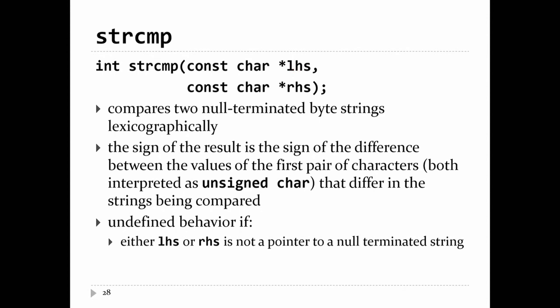So if you get back a negative from strcmp, then the first string comes before the second string in dictionary order. Aardvark comes before zebra, so you'll get back a negative number here. If you get back a positive number, that means the first string comes after the second string in lexicographical order. Zebra comes after aardvark.